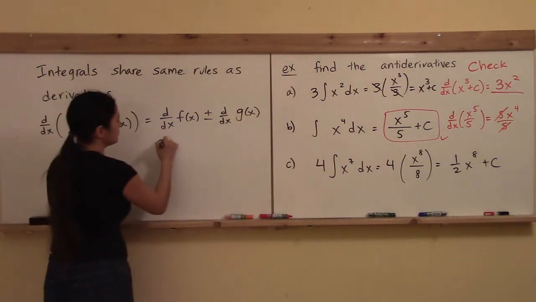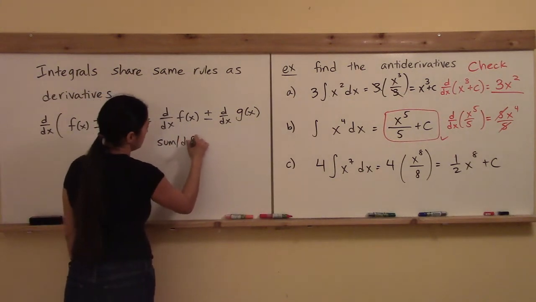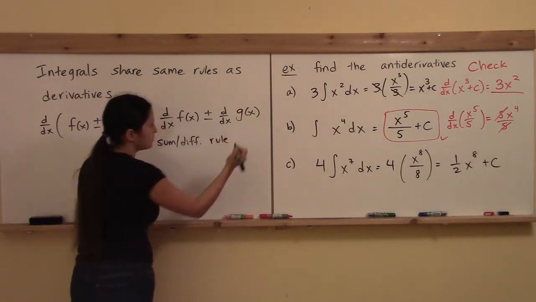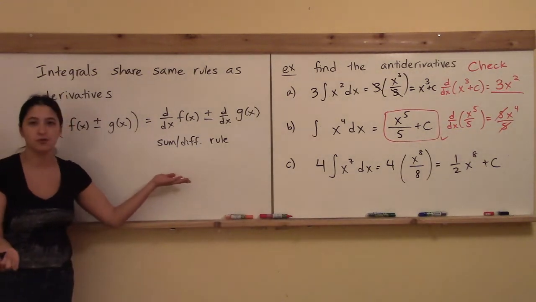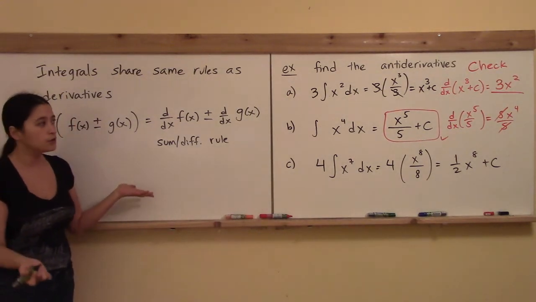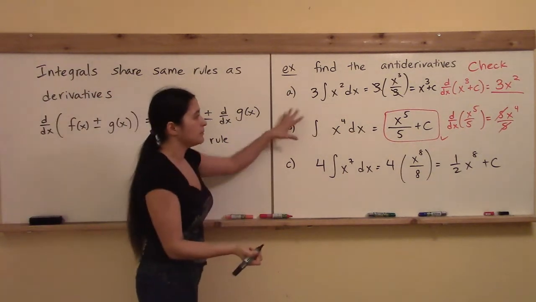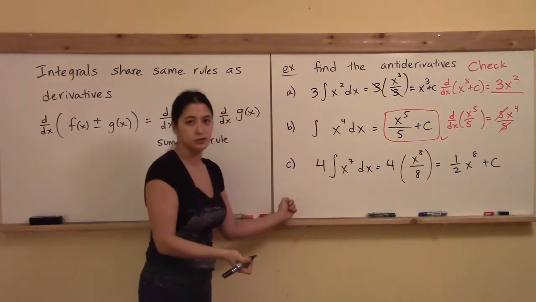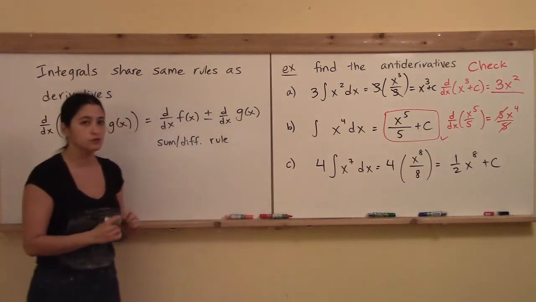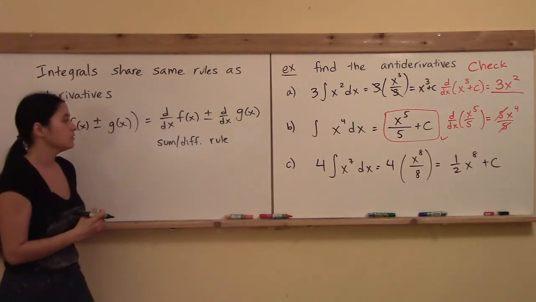Okay, this was called the sum/difference rule. And we were using this rule as well all the time because a lot of times we have polynomials, and the polynomials are all combinations of different powers of x, and then they all have their own constant multiple.